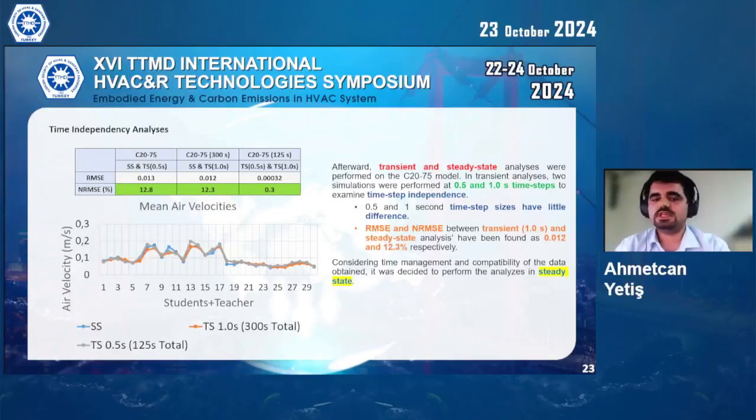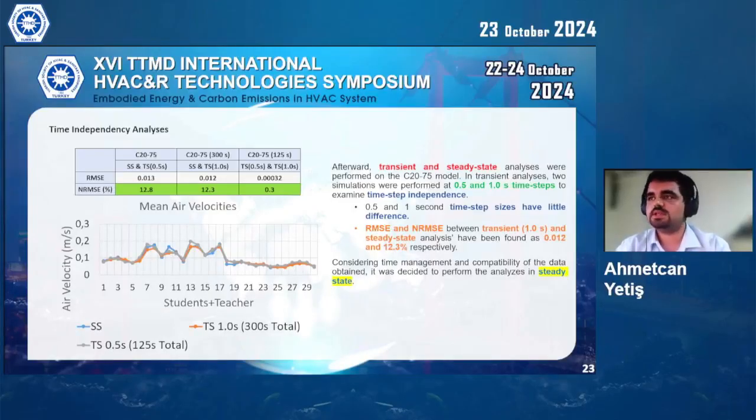As can be seen on the table and in the figure, time step sizes have very small differences, with a root mean square error of 0.00032 and a normalized root mean square error of 0.3%. So because of that, we decided to continue with 1 second.